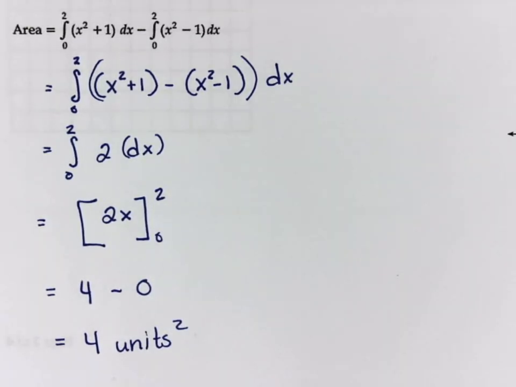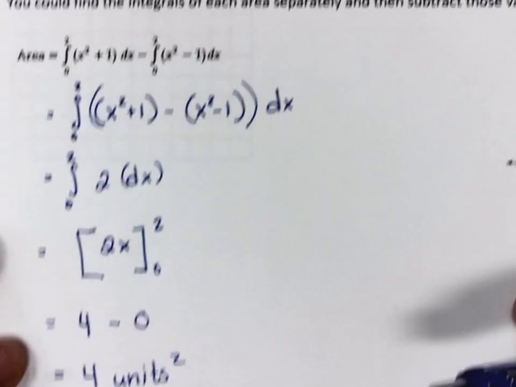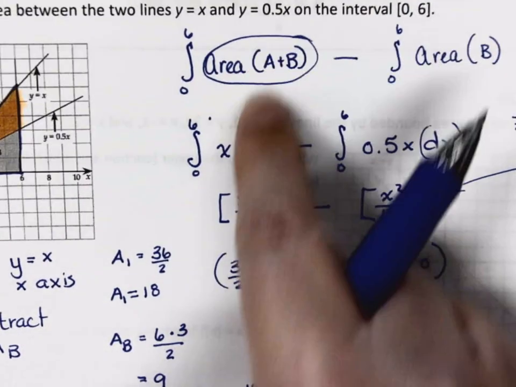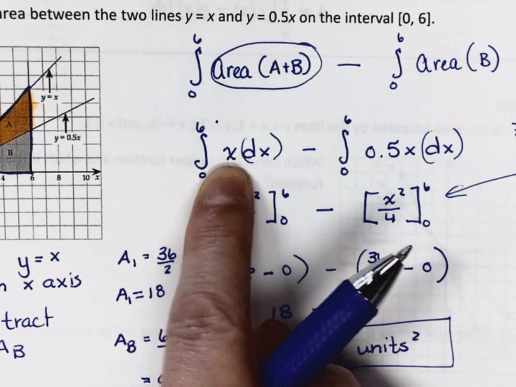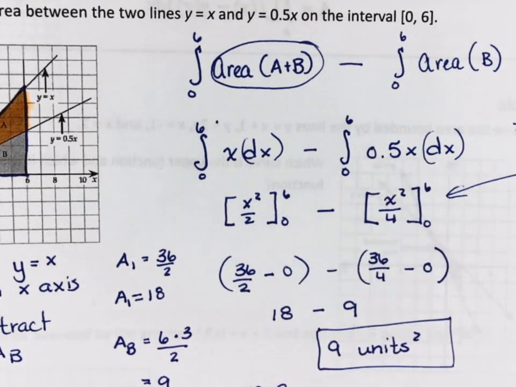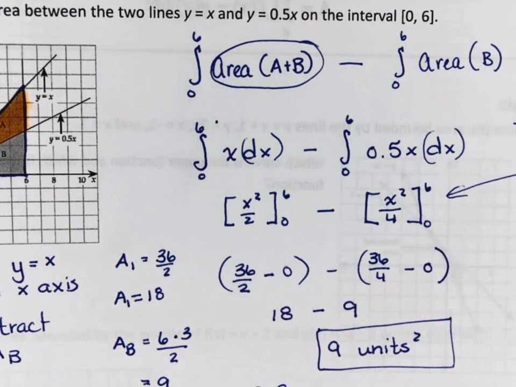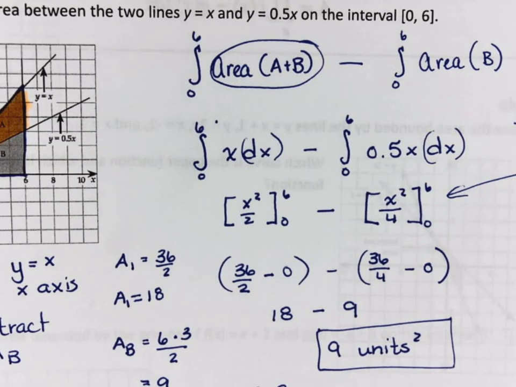You can actually go ahead and it will work both ways, whether you do them separately like we did in this question, where we actually figured out each one, or if you simplify it first. If we went x minus 0.5x, we would have been left with what? A positive 0.5, and then a positive 0.5 x squared.